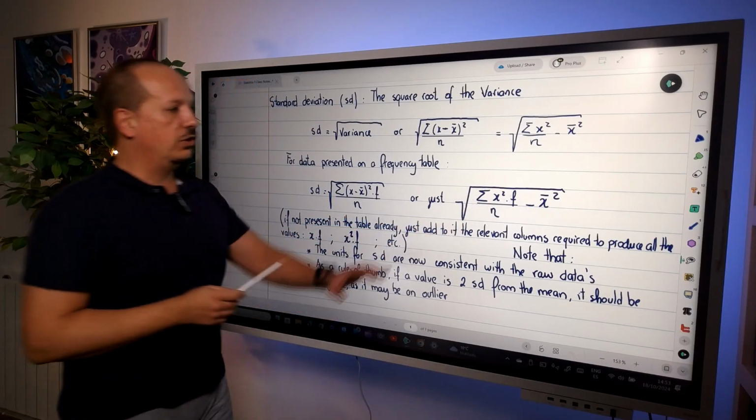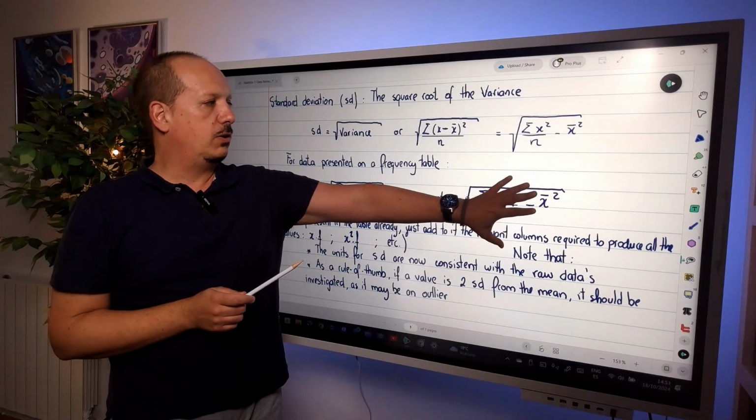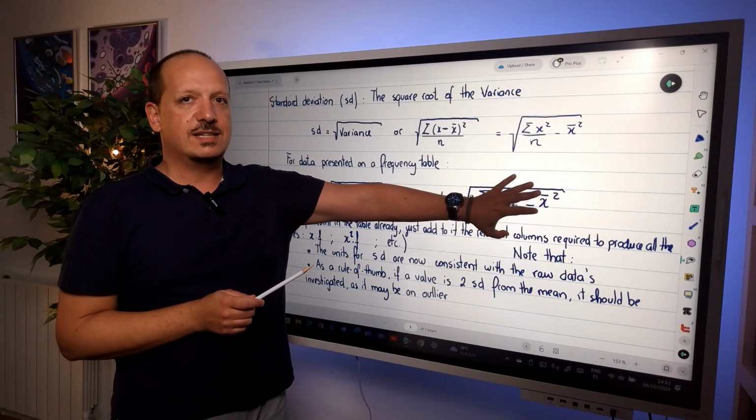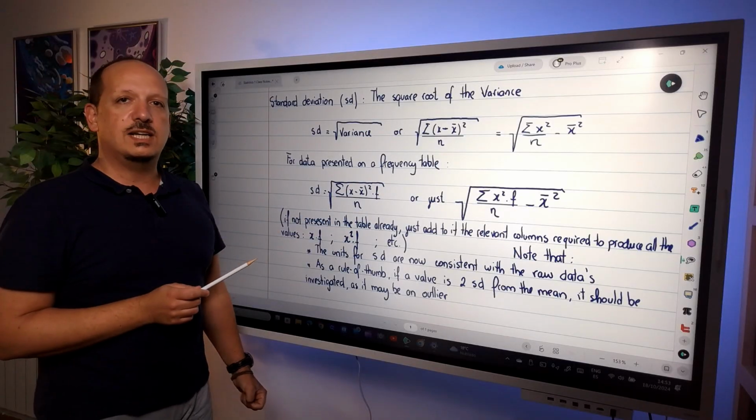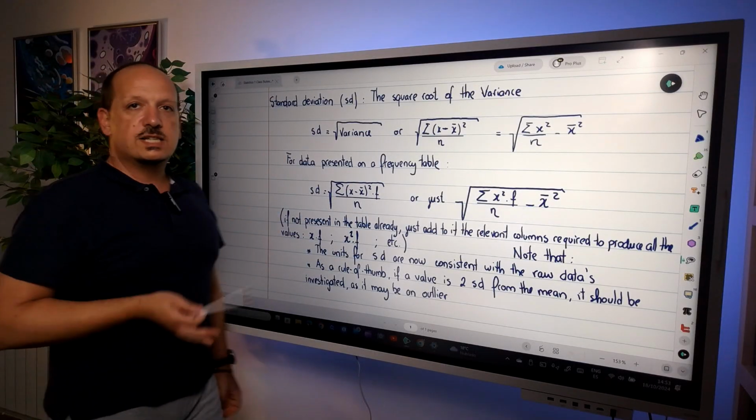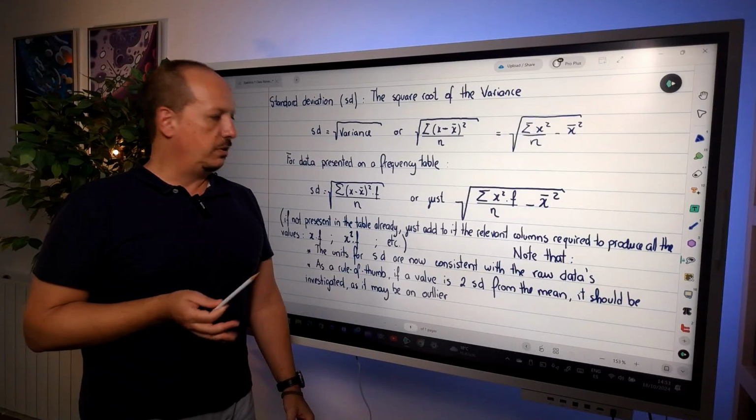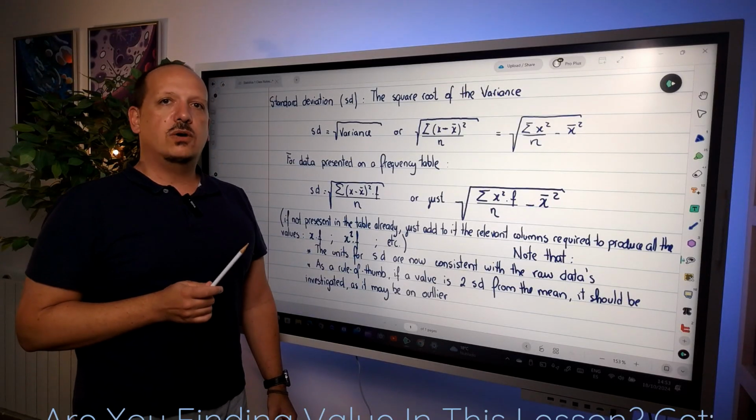Everything that you need in order to provide the information required to get the standard deviation, you add to the table. In the exercises that we're going to solve after this, you are going to see how this works.